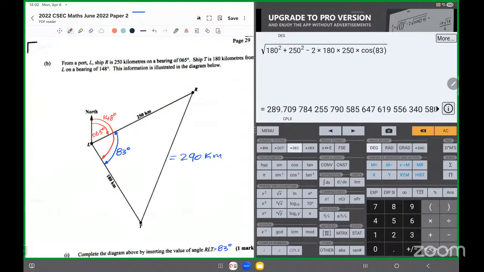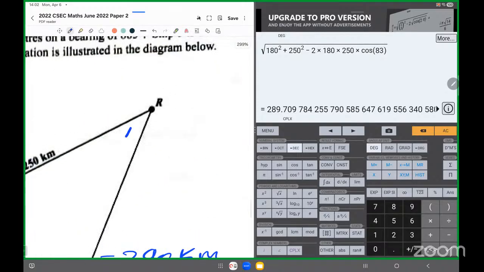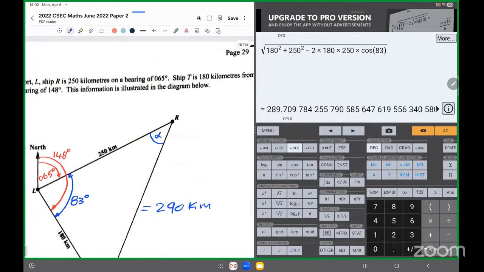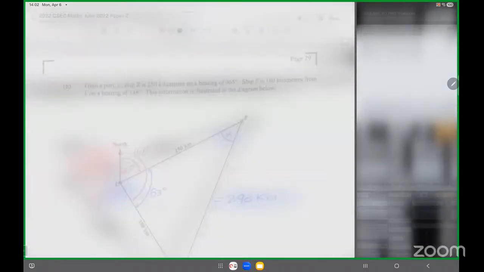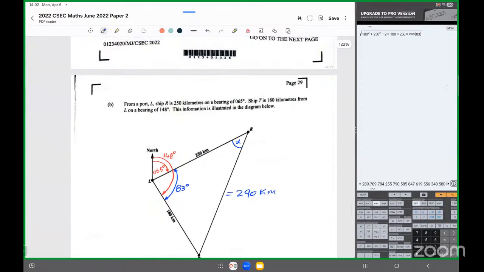So I'm going to mark it alpha and see how it plays a part. But I have to show the bearing angle that I want on the diagram and see how I calculate it.